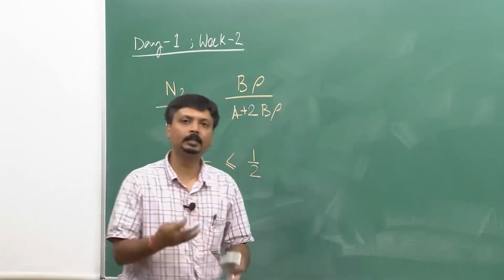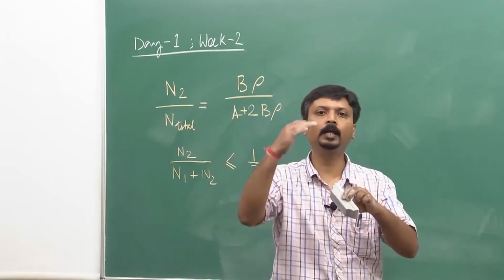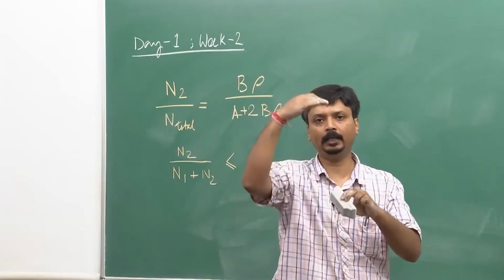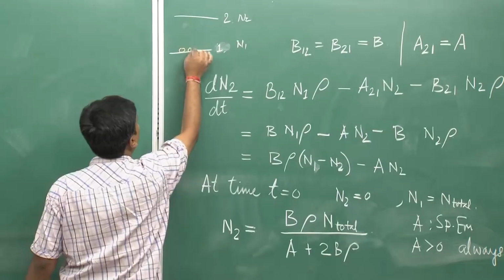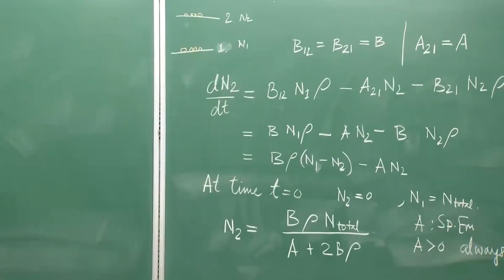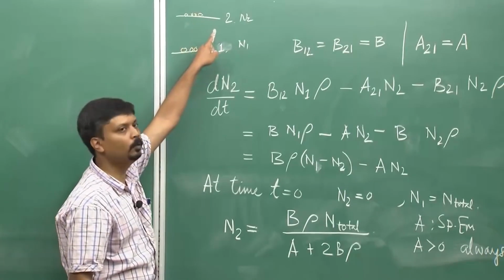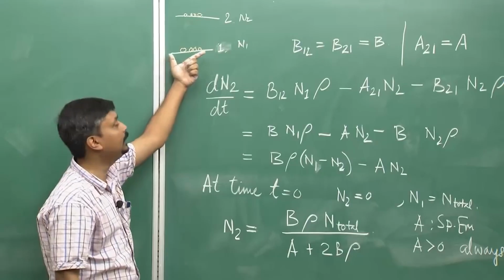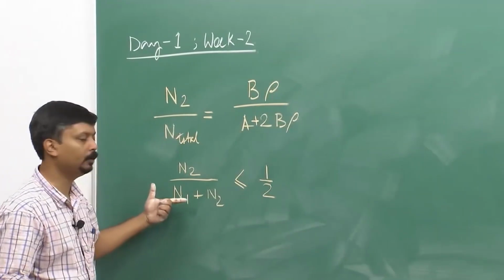Now, does it tell you something? We drew these two levels and we started exciting it, and we got to a condition when we had a saturated condition. So, we had a condition like here, 4 atoms here, 4 atoms here, and we call that saturated. Here you have equal population of these states, so essentially N2 by total number of atoms is half, that is the maximum possible ratio of N2 by N total.